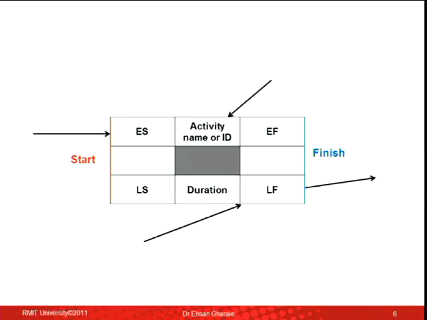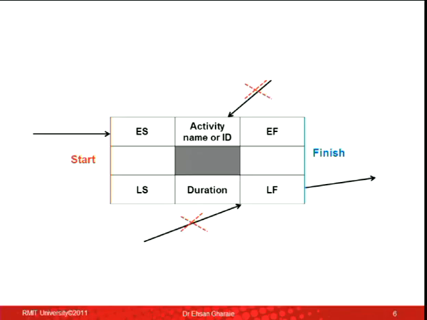Therefore, these kinds of arrows are not acceptable, and if you draw a network like this, we mark you down because it's absolutely wrong. So all the relationships in your network should look like this. They should relate the finishes or starts of activities to each other.